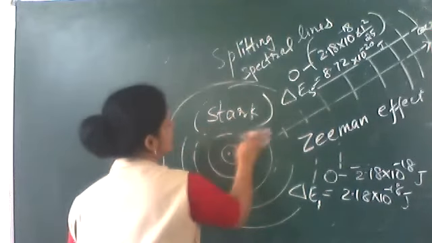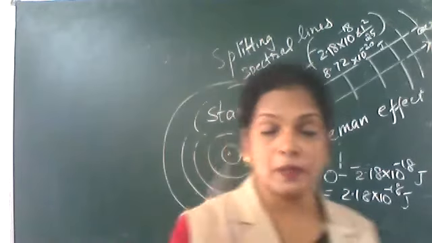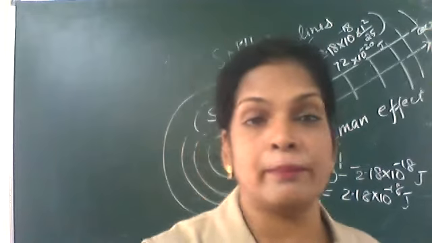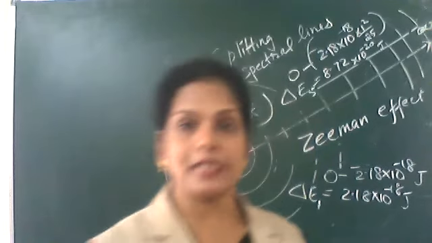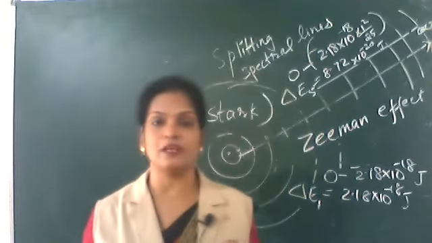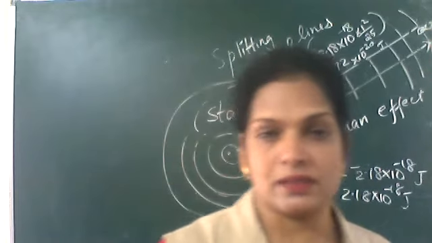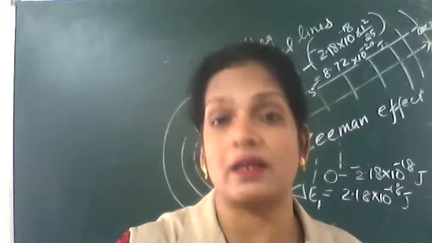S-T-A-R-K, Stark effect. Splitting of spectral lines in magnetic field is called Zeeman effect. Splitting of spectral lines in electric field is called Stark effect. Stark, you compare it with a spark.